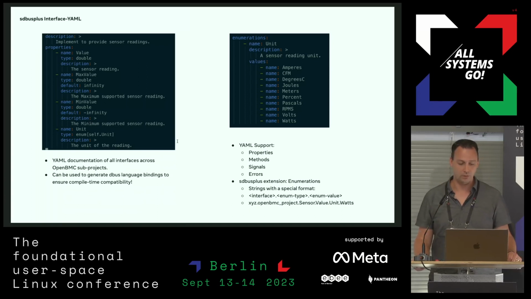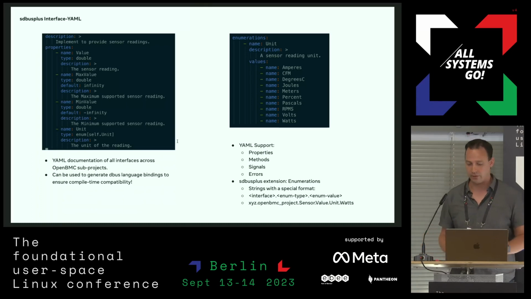So we have an interface YAML that documents dbus interfaces, and a generator that generates C++ bindings against those YAMLs. If someone were to change a dbus binding or add a new interface, the compiler will identify that for us. The YAML format has support for dbus properties, methods, signals, and errors.